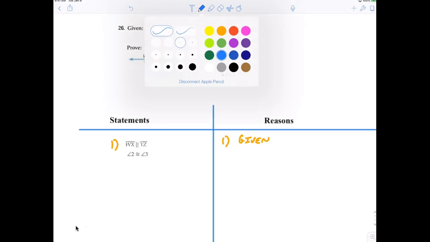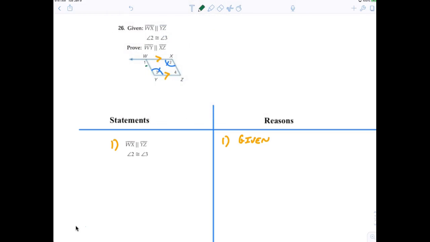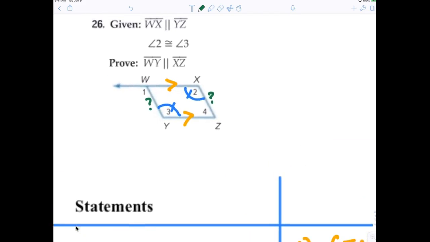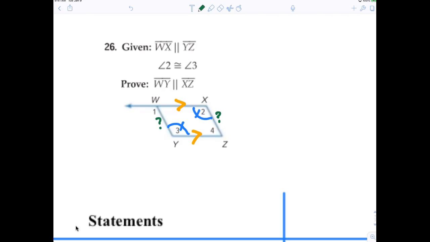So again, for whatever reason, I like to put a mental note of what I'm trying to see up there. Is everybody okay with that? Everybody see? I can blow it up if you need me. Let me blow it up a little bit. So I'm trying to find WY is parallel to XZ. I'm trying to prove that.